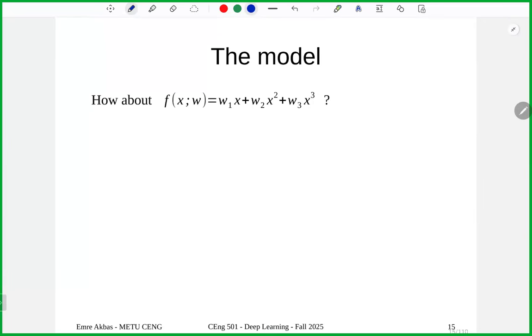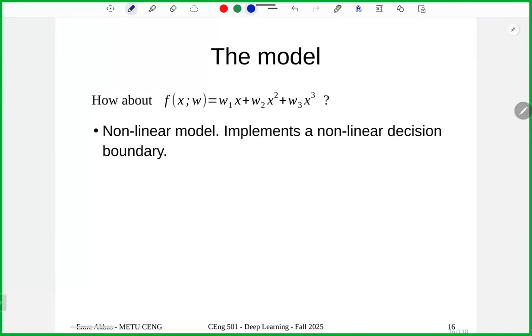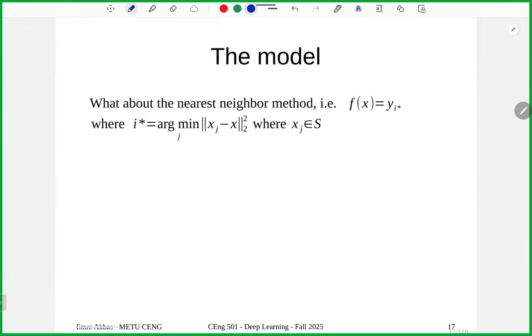So do you think this is a linear model or a nonlinear model? What do you think? Nonlinear? So actually, it is a nonlinear model. It implements a nonlinear decision boundary. It's easy to see, but this one could be a tricky question.